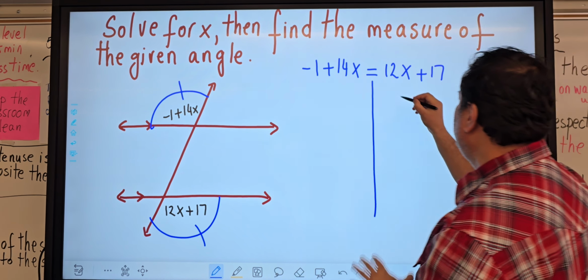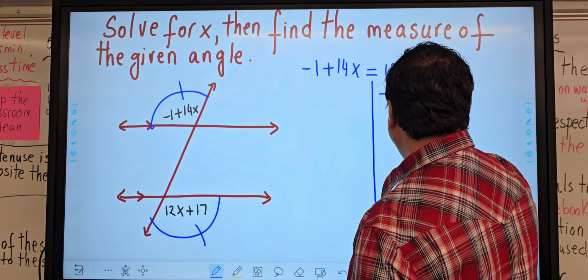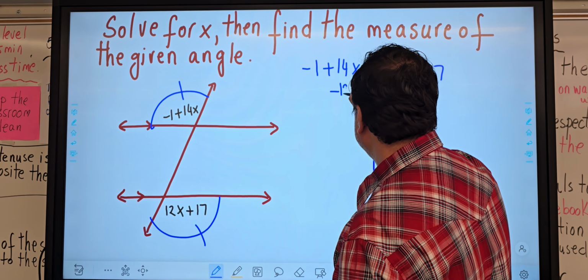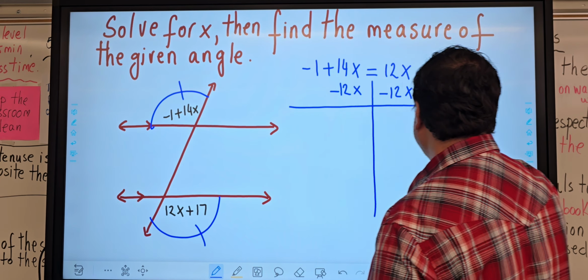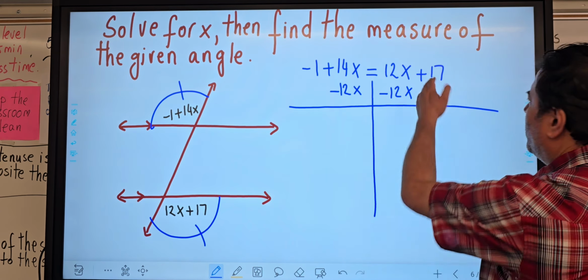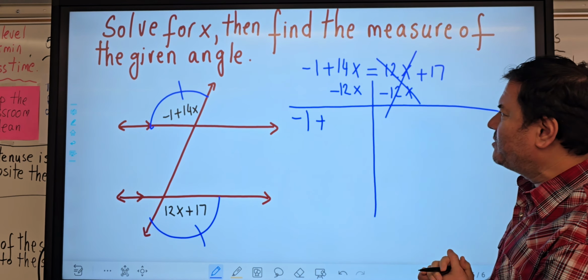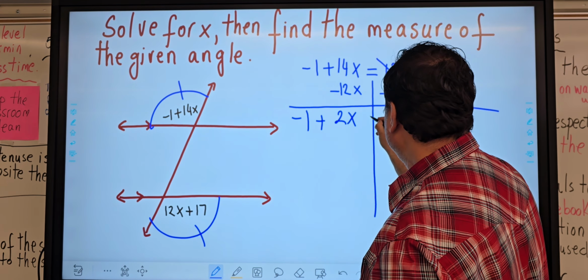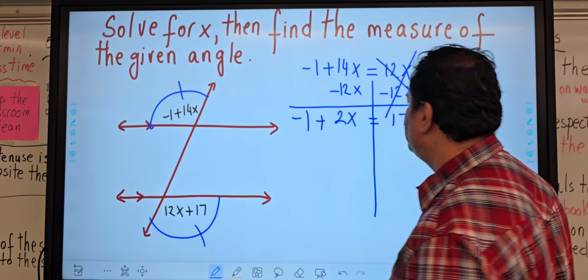Okay, so here we are going first to subtract 12x on both sides, and let's see what we get. 12x minus 12x cancel out. Here we have negative 1 plus 14x minus 12x becomes 2x, and equals 17.